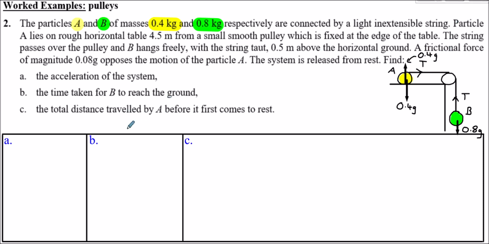So first of all, what we need to do is just make sure that we've read this absolutely okay and that there's nothing else missing. So a string passes over a pulley, B hangs freely, the string's taut. It's 0.5 meters from the ground. So actually what we need to do is extend this diagram ever so slightly.